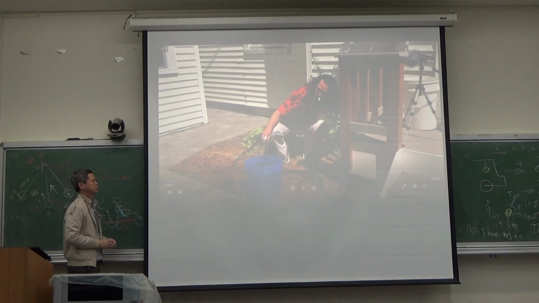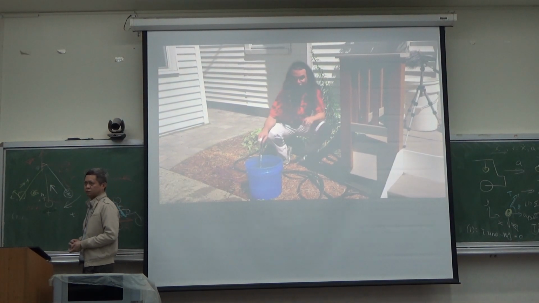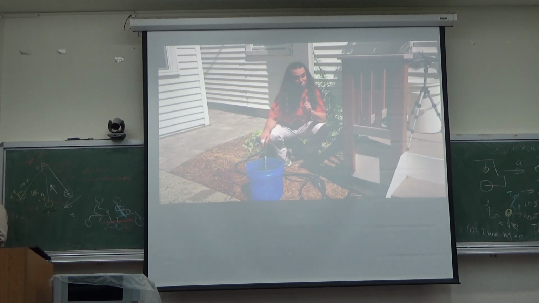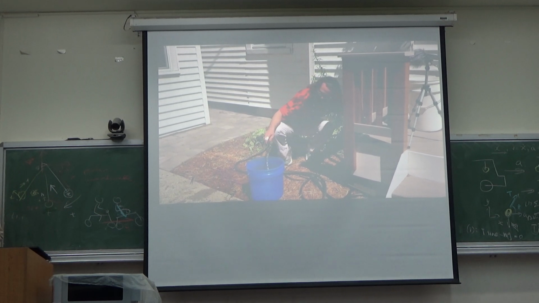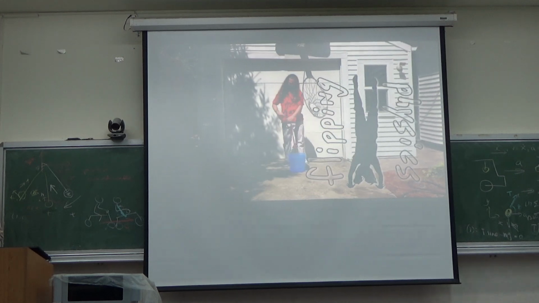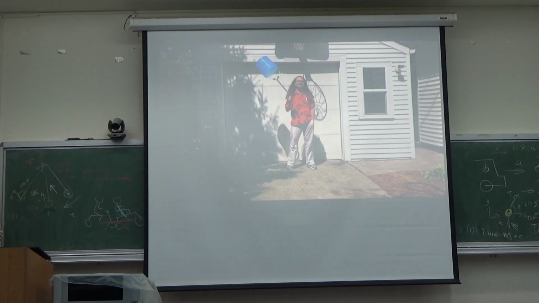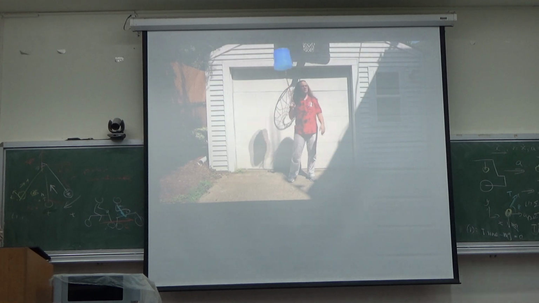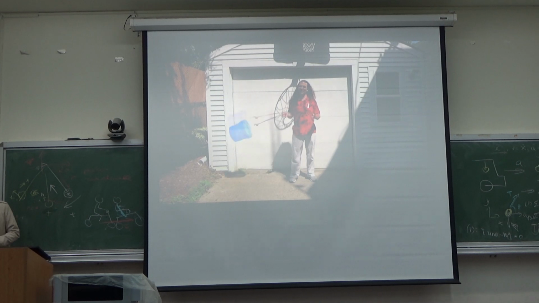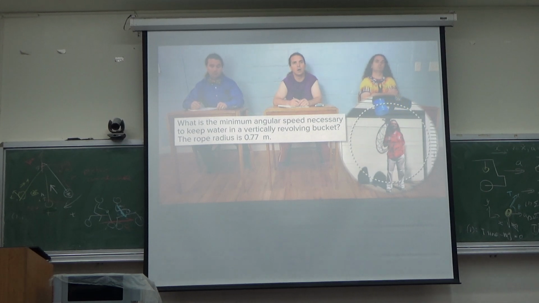Good morning. Today we are going to determine the minimum angular speed to spin a bucket in a vertical circle such that water will stay in the bucket. Living physics. Didn't we do this already? Yep, twice. Actually, no. We have determined why water stays in the bucket and analyzed the situation generally. However, we have not solved this particular problem. Billy, could you please read the problem, and Bobby, could you please translate? What is the minimum angular speed necessary to keep water in a vertically revolving bucket?